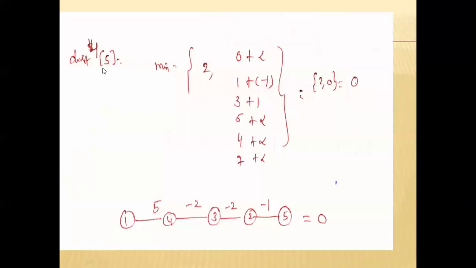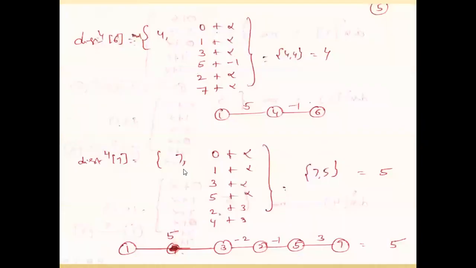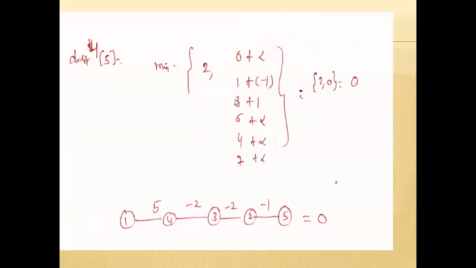Distance power 5 means the shortest path from 1 to 5 by using four edges is 5 minus 2 minus 2. How does it exist in the graph? It is 1 to 5, 1 to 4, 4 to 3, 3 to 2, 2 to 1, 2 to 5. That means 5 minus 2 is 3, 3 minus 2 is 1, 1 minus 1 is 0. This is the shortest path by using four edges.